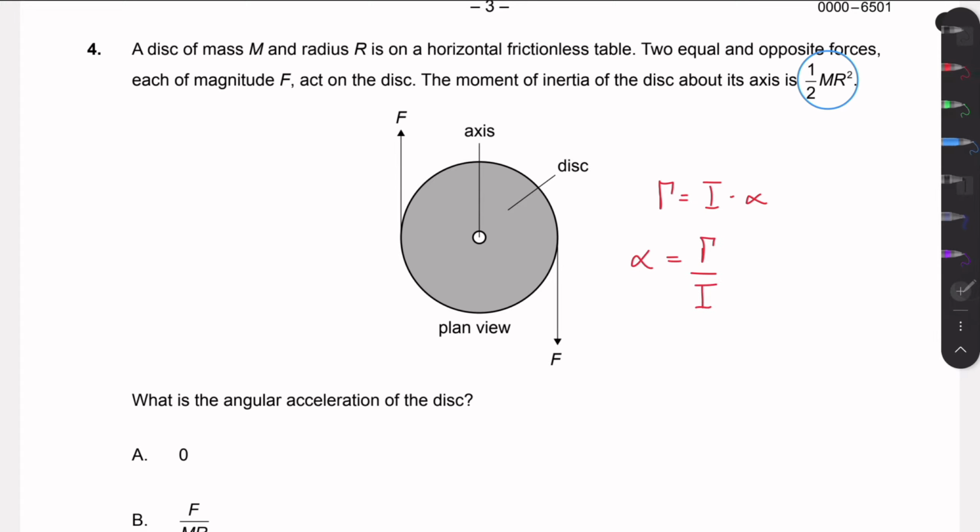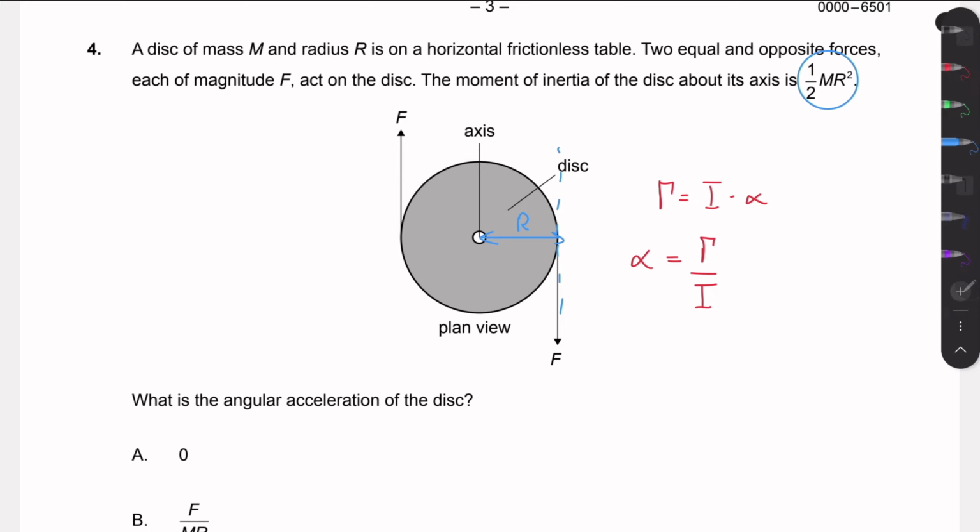And how can we calculate the torque? Here we have two forces acting, and they both act at a distance of r from the rotational axis. So the torque by, for example, this force will just be the force times this r, because this is the perpendicular distance to the axis, and we see that both forces try and rotate in the same direction.